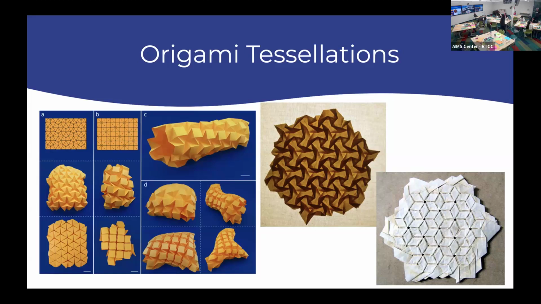And you can fold a piece of paper into not a flat tessellation, but a three-dimensional tessellation and a repetitive pattern of geometric form. And you can make very interesting shapes and patterns. And this is just the tip of the iceberg.